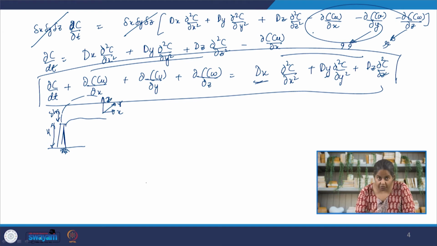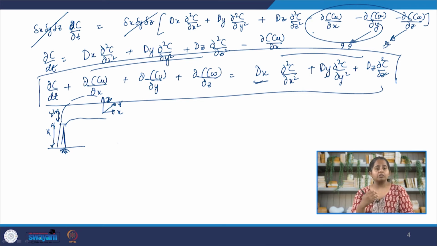Now, first assumption that we can make is that the bulk action due to wind in y and z direction is 0, because we have assumed our x axis to be in the direction of the wind, and we are saying the wind is unidirectional, it is not circular, it is not cyclonic or anticyclonic. We should know this is an assumption, because sometimes wind will move in circular pattern or spiral pattern when we have cyclonic or anticyclonic movement of wind.